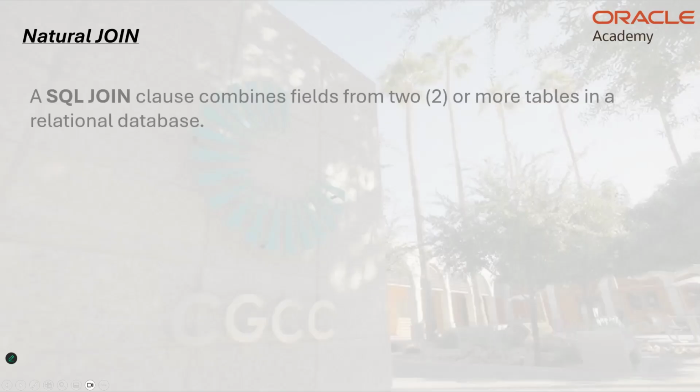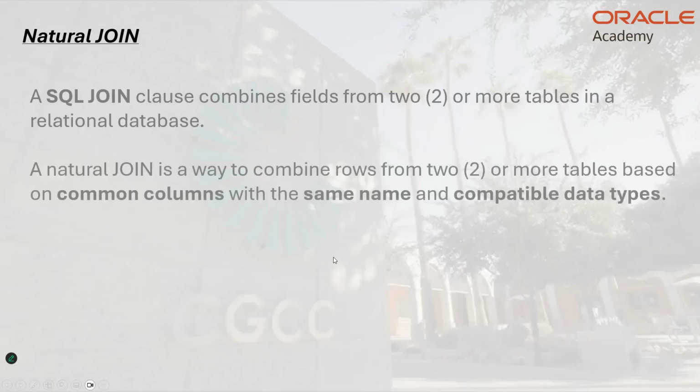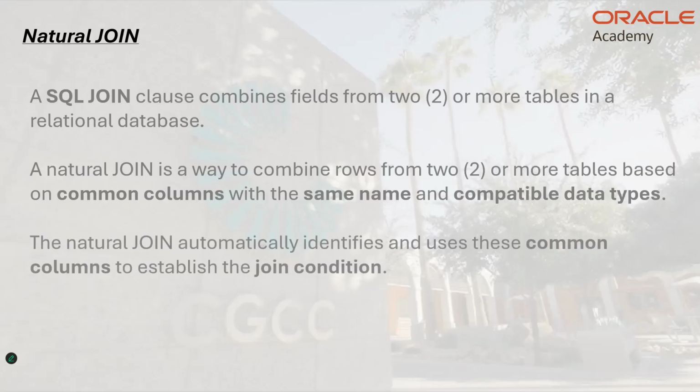All right. So natural joins. An SQL join clause combines fields from two or more tables in your relational database. A natural join is a way to combine rows from these tables based on a common column, which is usually, but not always, the same name. But it's always compatible, meaning they're compatible data types.